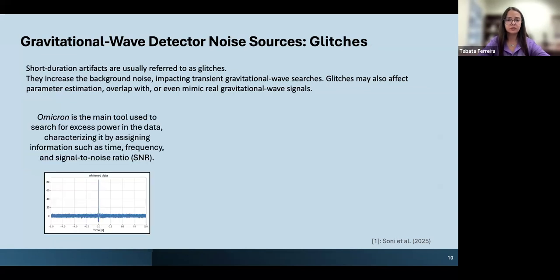The chart uses a tool called Omicron, which searches for excess power in the data. When you have your data and there is an excess power in the data, Omicron finds it and then assigns some information such as time, frequency, and signal to noise ratio. So every time there is a glitch in the data, Omicron finds it and characterizes it by assigning these parameters.